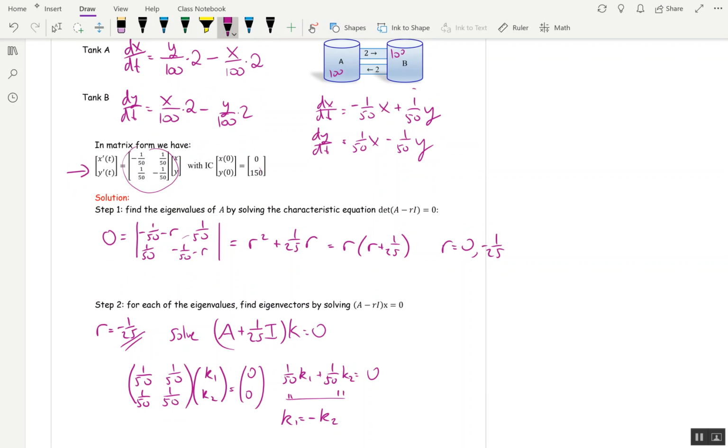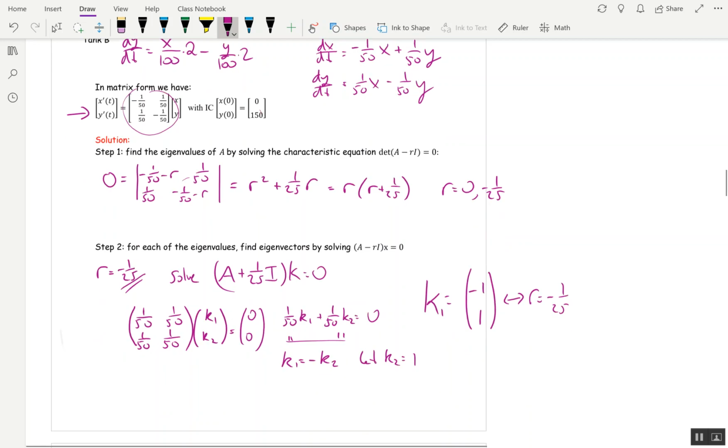I'll let K2 equal 1. So big K, and I'm going to call it big K1, has a 1 on the bottom, and then K1 is negative K2, K2 is 1, so -1. And that corresponds to R equal -1 over 25.